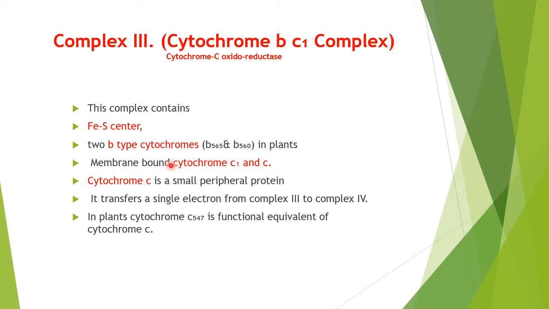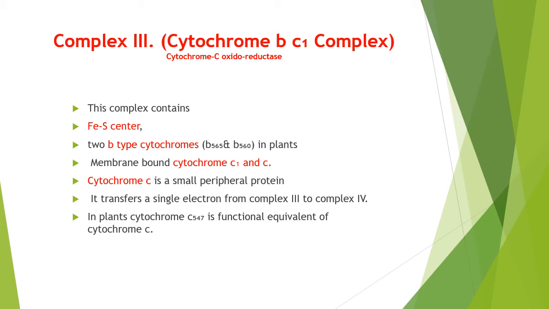There is also a membrane-bound cytochrome C1 and C. C is a mobile carrier. Cytochrome C is a small peripheral protein. It transfers a single electron from complex third to complex 4. In plants, cytochrome C547 is the functional equivalent of cytochrome C.